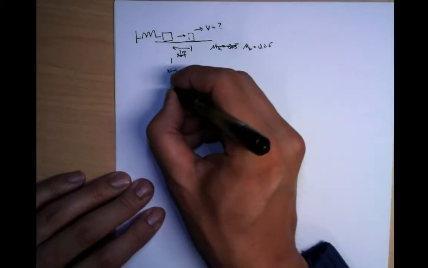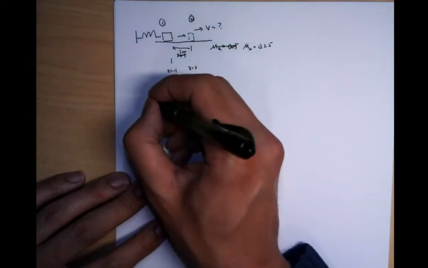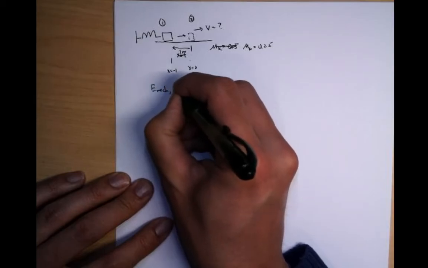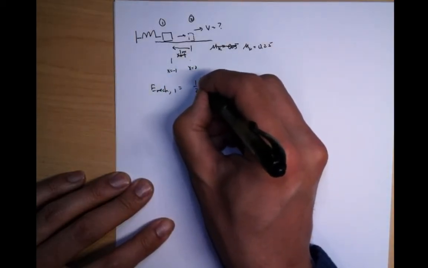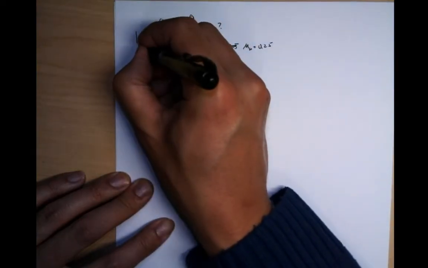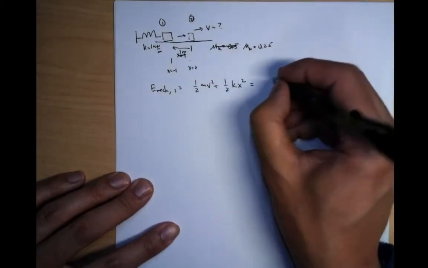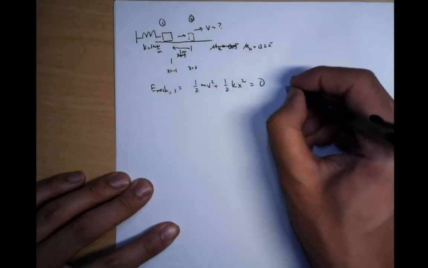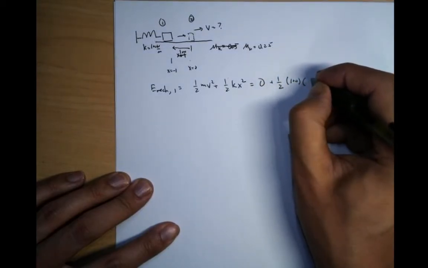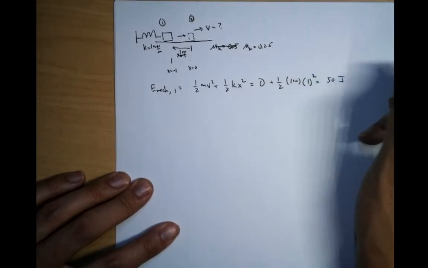So let's figure out what the mechanical energy is. This is situation 1, situation 2. The mechanical energy at 1 is 1/2 mv squared plus 1/2 kx squared. Let's put k equal to 100 newtons per meter. The first part is 0, plus 1/2 times 100 times 1 squared, so that's equal to 50 joules.